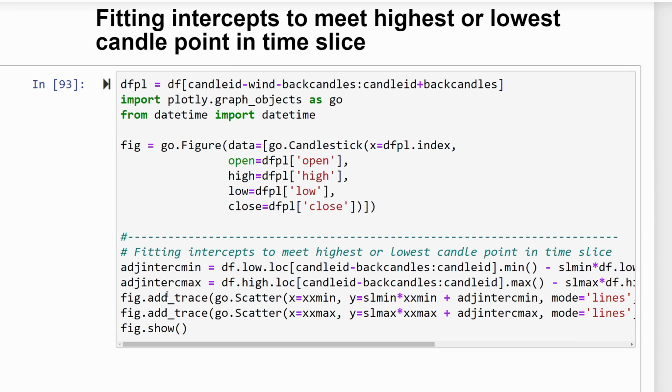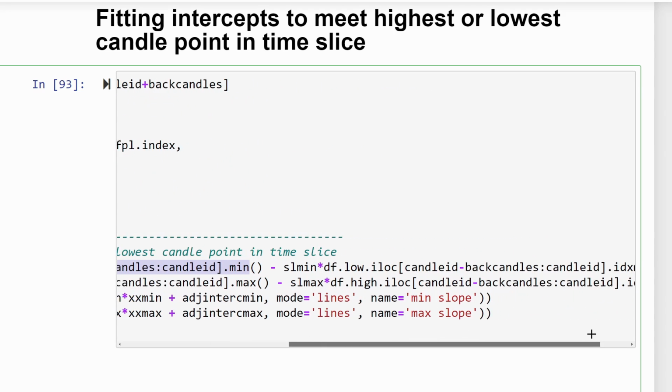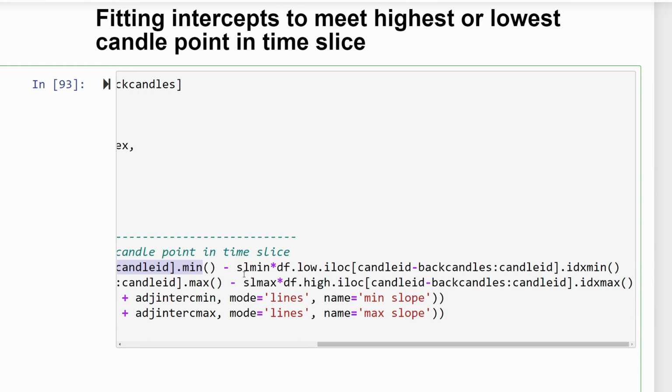The way we are doing this is by defining a new adjusted intercept for the minimums and another one for the maximums. And we're going to calculate the difference between the minimum low that we can find in a particular slice and what is given by the slope that we have just calculated. So at that particular point where we have our minimum, what is the distance between this minimum point and our fitting slope?